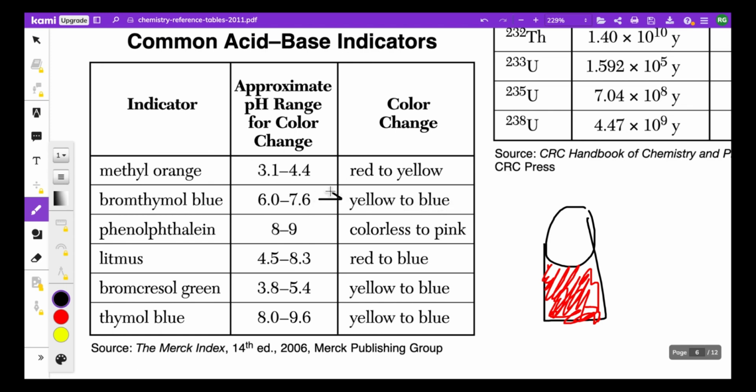All right? And you might be wondering, what happens if I have a pH like 6.8, directly in the middle of this color changing range? My answer to that question is, it's just going to be a mixture of yellow and blue, which is green. So it's going to have some of both in there.